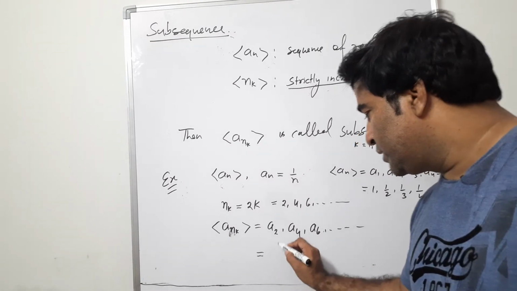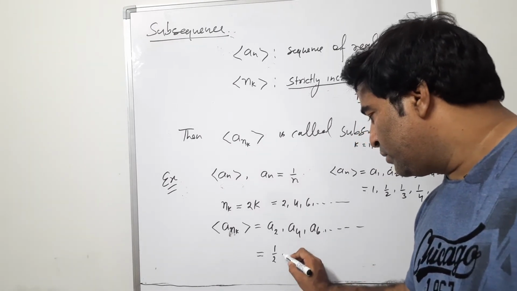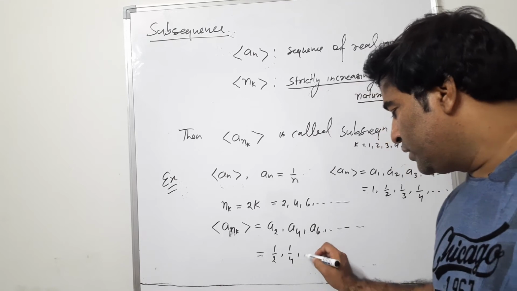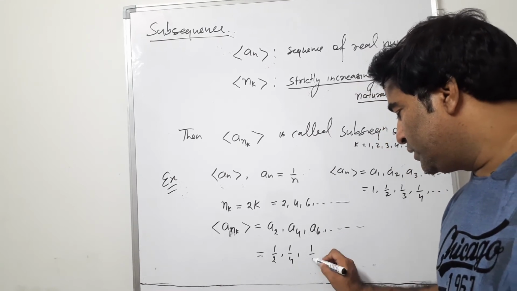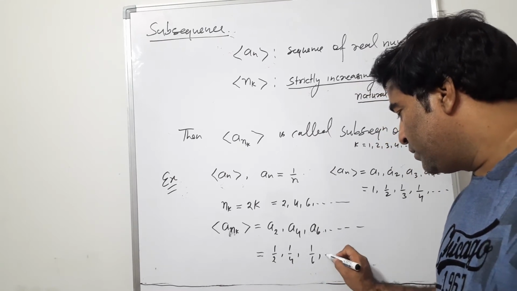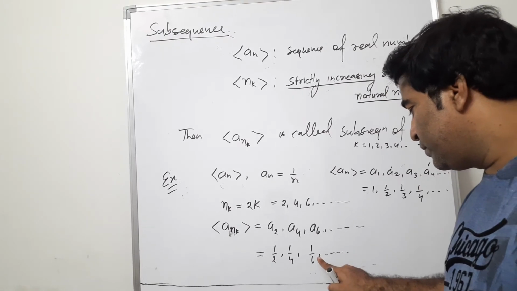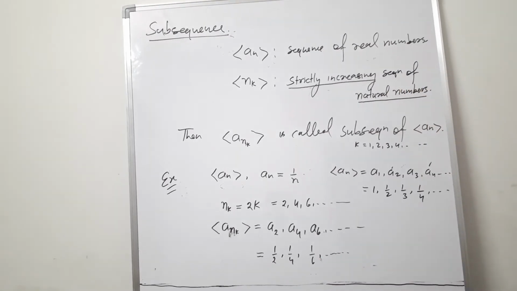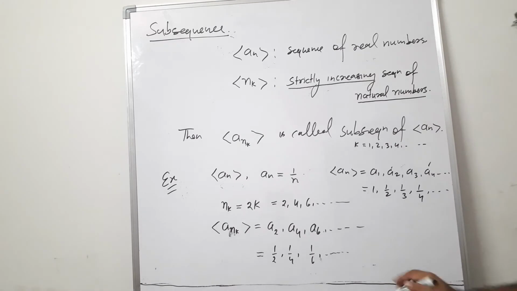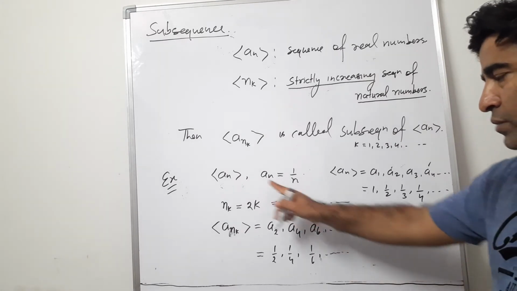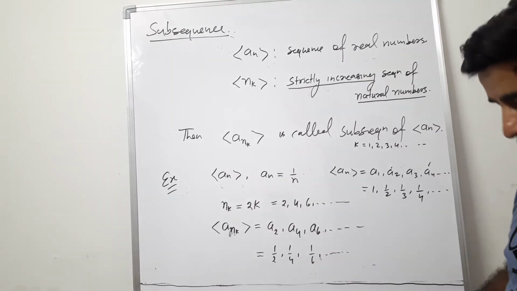From the given sequence a2 is 1 by 2, a4 is 1 by 4 and a6 is 1 by 6. So this is a subsequence of the given sequence an.